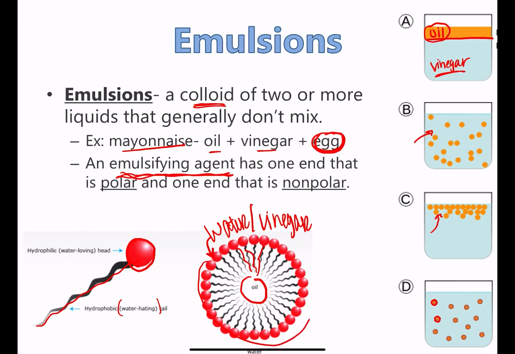And the circle essentially represents this emulsifying agent. And so when you surround them with that emulsifying agent, we get what we see in picture D. It's an emulsion. It allows two things like oil and vinegar that generally don't mix to mix up nicely and form something like mayonnaise, okay? So it's a type of colloid that has an emulsifying agent in with it, all right?